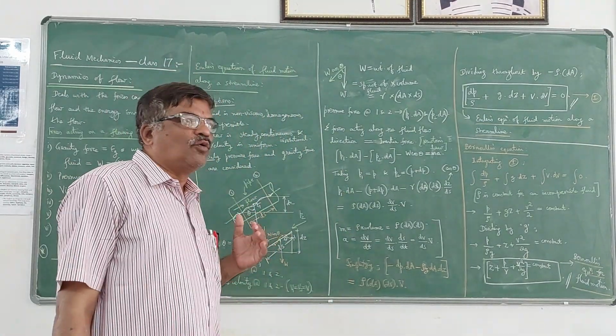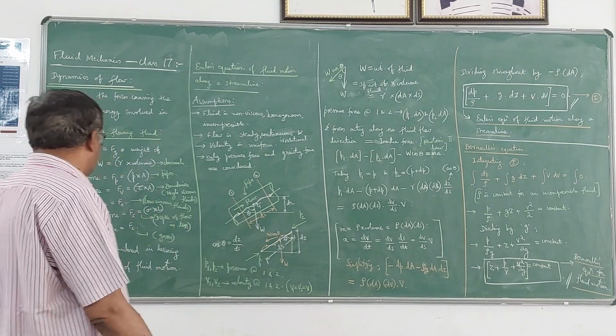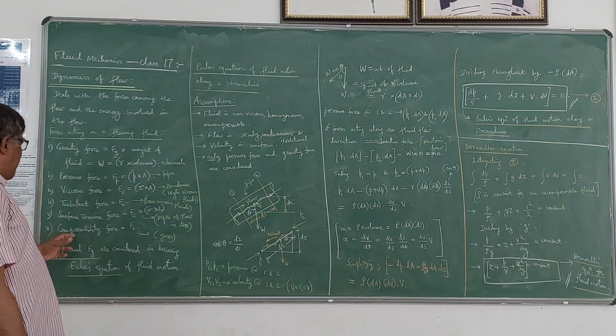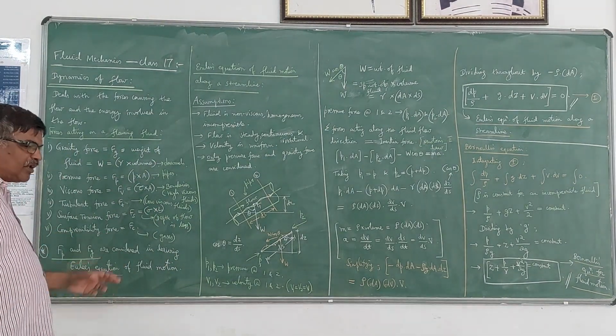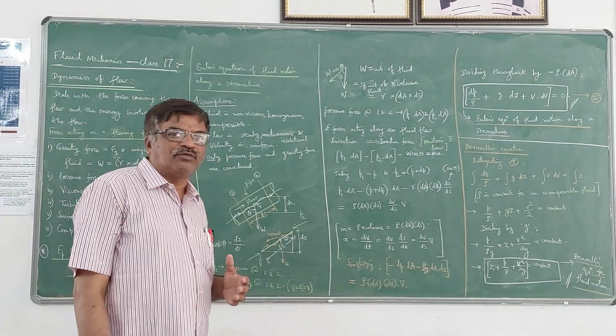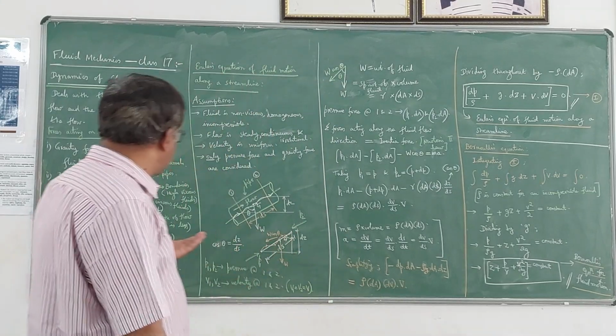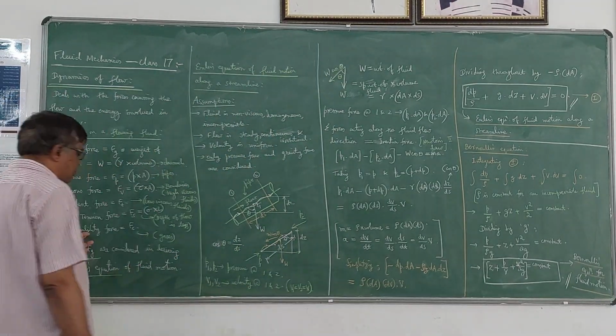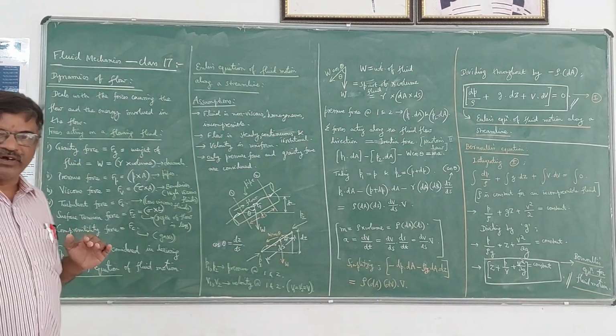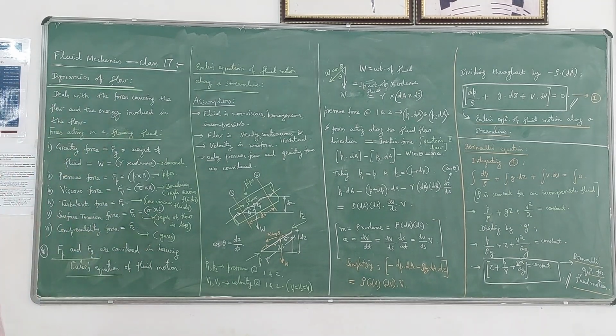For example, flow over V-notches and all. Then you have compressibility force, which you can expect only in the case of compressible fluids, mainly in gases. In liquids, this force you can neglect because the compressibility effect in the case of liquids can be neglected.